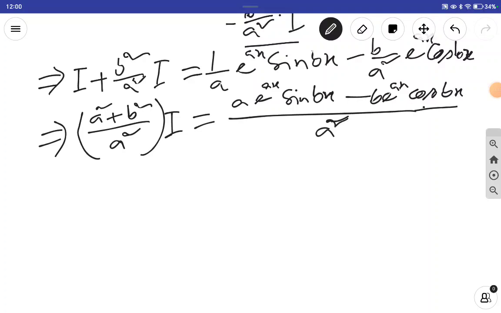So here a square and this square will be cancelled.